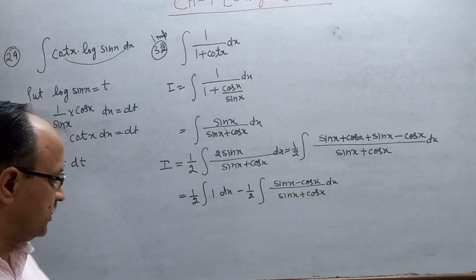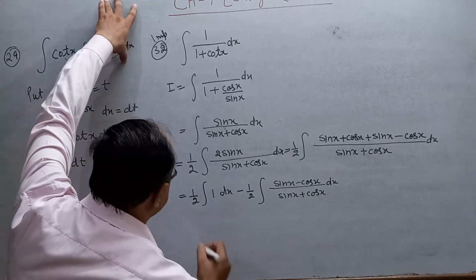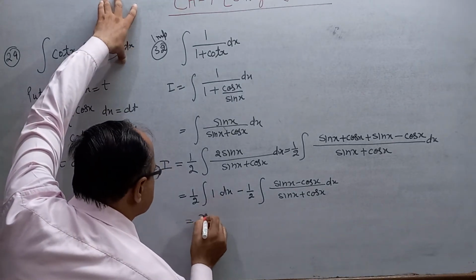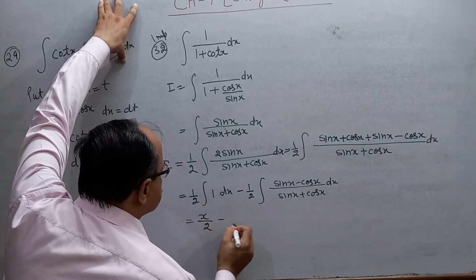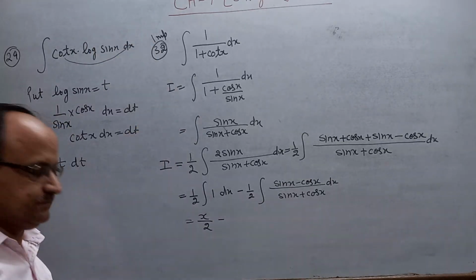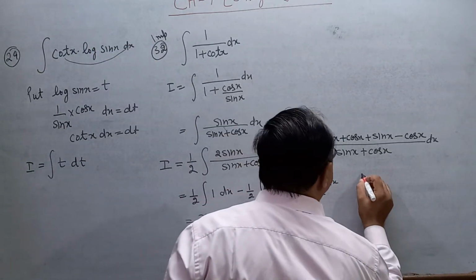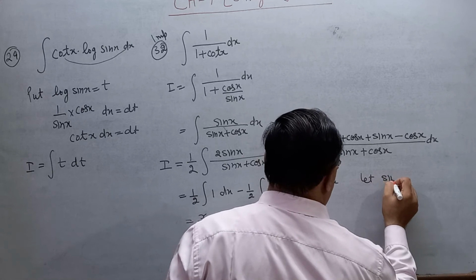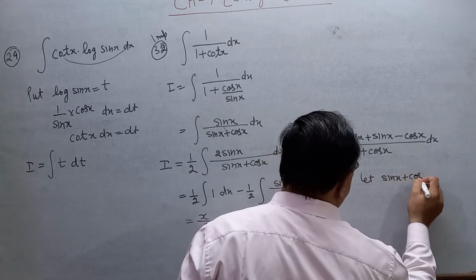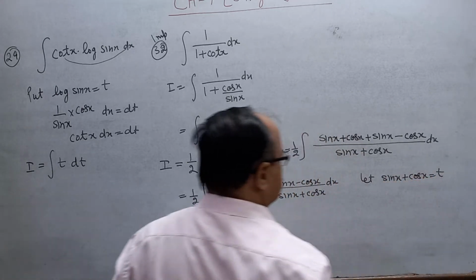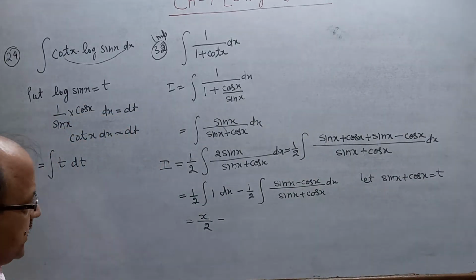And now you know the integration of 1 is x by 2, minus. In this question you have to let sin x plus cos x equal to t.